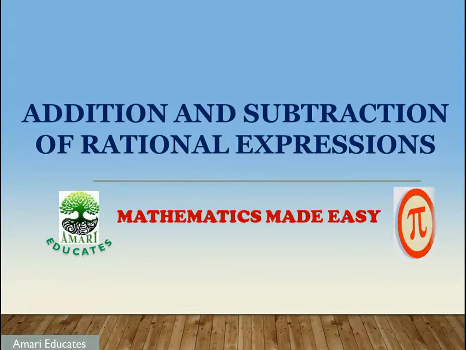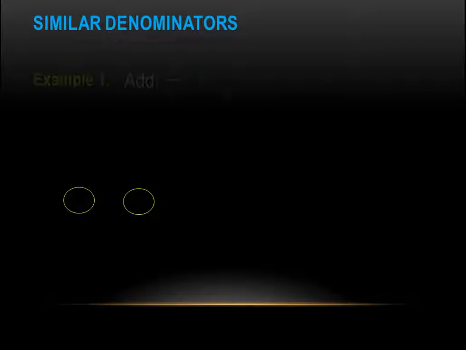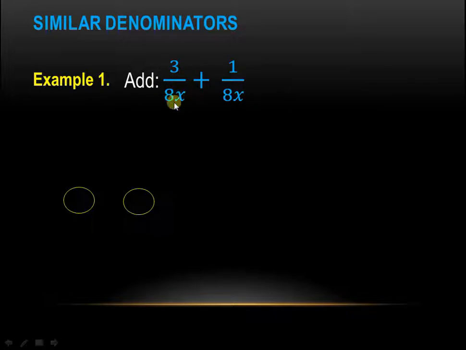In this video, we're going to discuss addition and subtraction of rational expressions. Let us start with our first example with similar denominators. Example number 1. Add 3 over 8x and 1 over 8x.